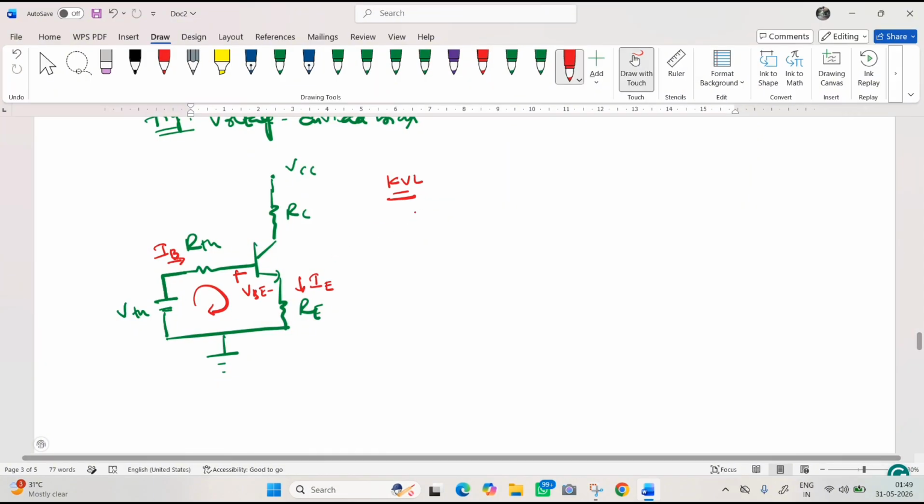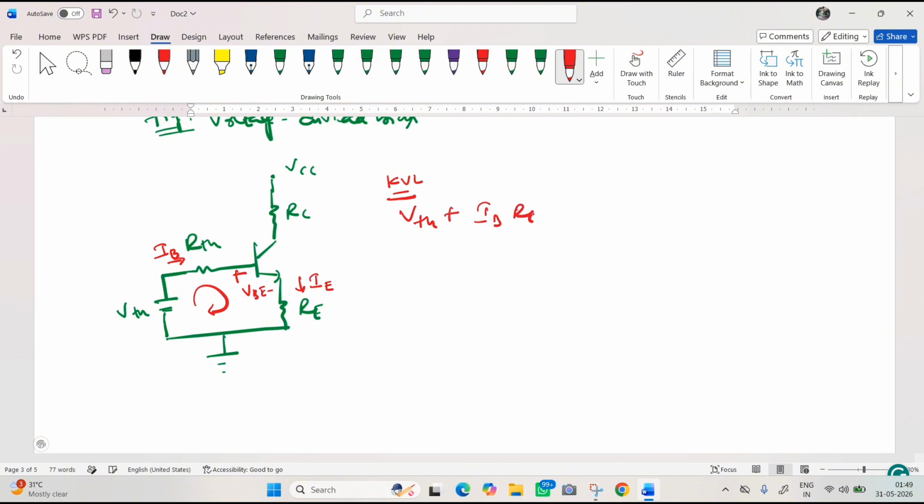Here we'll try to apply the KVL. Then what will it become? Here it is V Thevenin, and the voltage here will be IB into R Thevenin, then VBE, and then IE into RE, equal to 0, right?